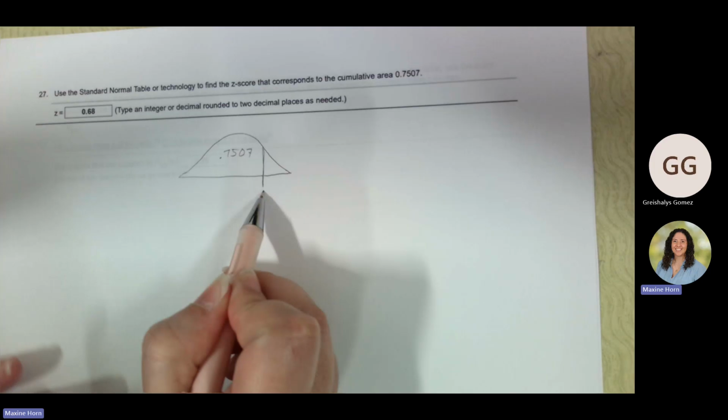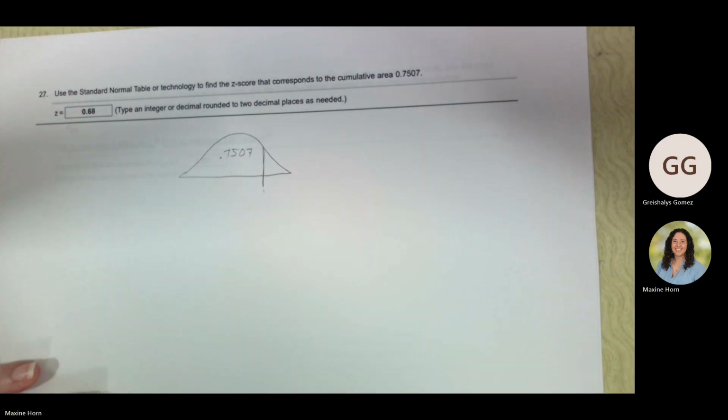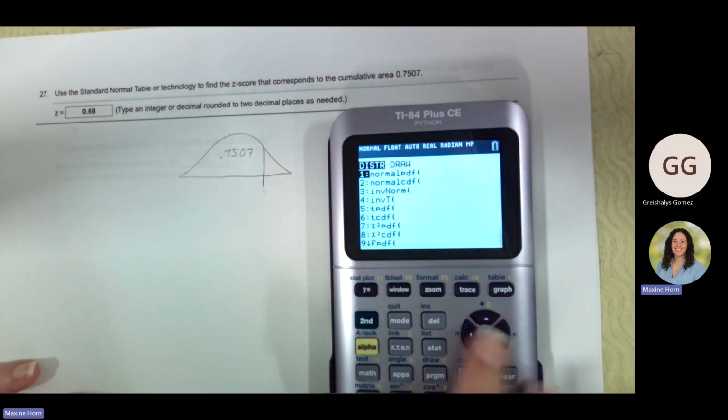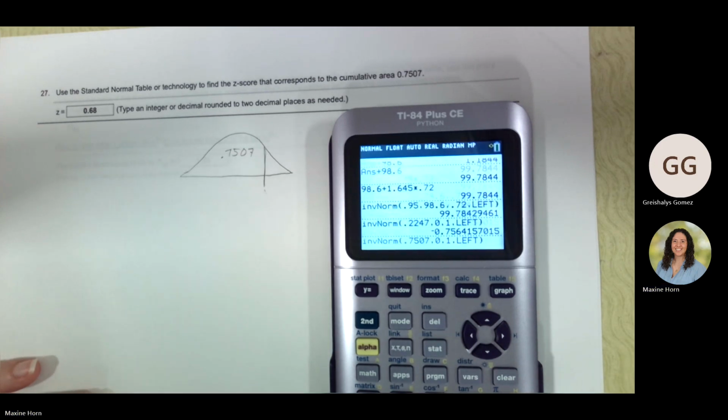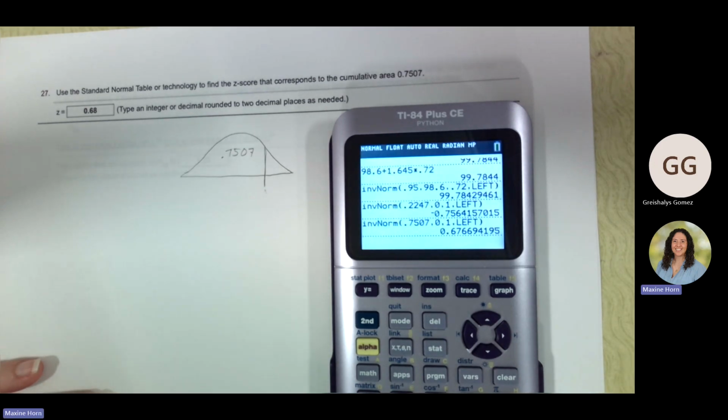If we're given an area and we need to find the Z-score or the X value, that is inverse norm. 0.7507. Again, if they haven't given that to us, it's 0 and 1. And if we go to 2 decimals, that's what we get.